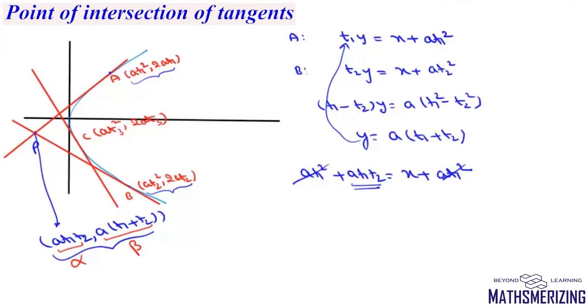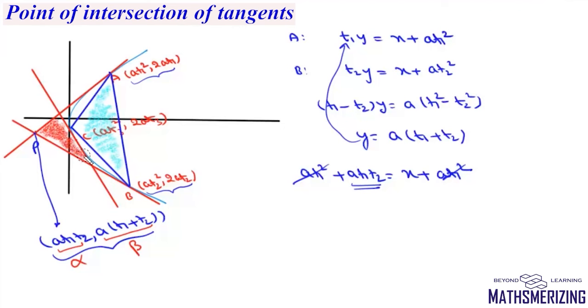So now we have two triangles. One, this triangle ABC, and this other triangle which is formed by the points of intersection of tangents.